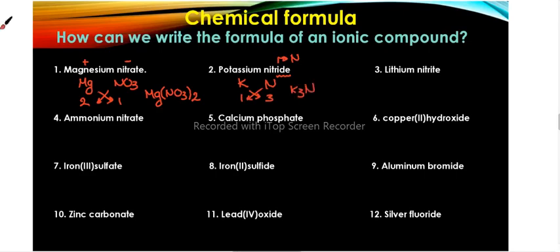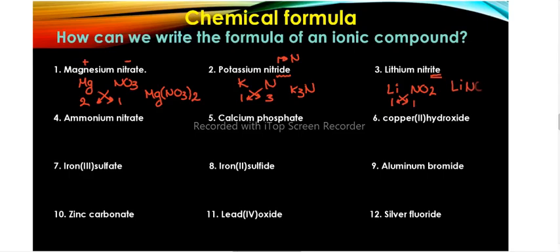Continuing with lithium nitrite. So I have here the ITE ending. Lithium is Li. The nitrite is a polyatomic ion, which is NO2. Lithium is in group number 1. The NO2 is 1. After cross multiply, you're going to write the formula.